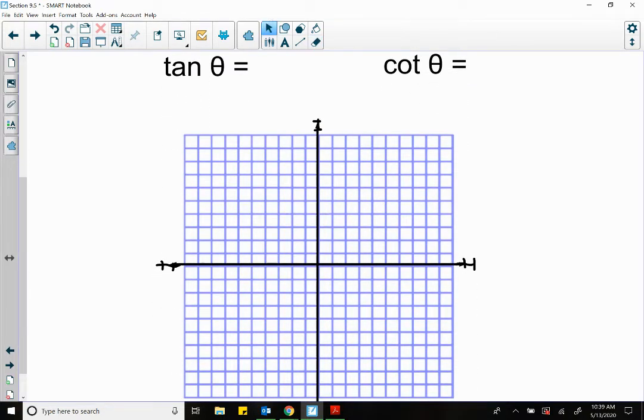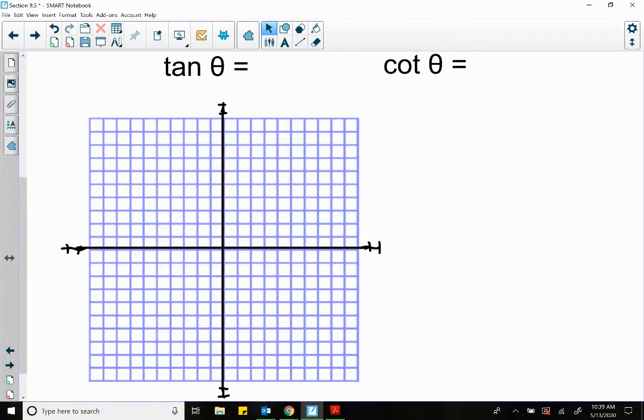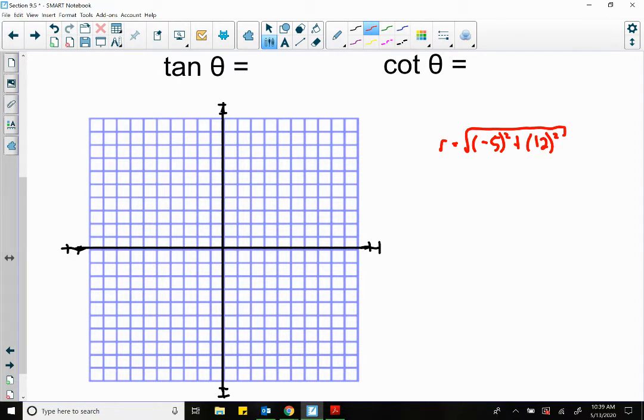So I'm going to grab this, move it over a little bit, give me a little bit of room to work over here. So we got r equals square root of -5 squared plus 12 squared. So r is equal to -5 squared is 25 plus 144.